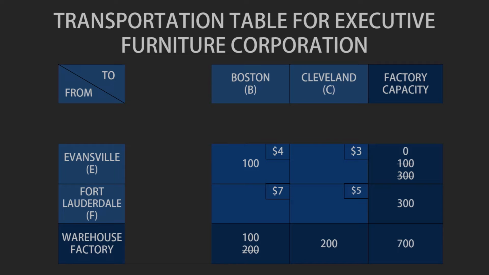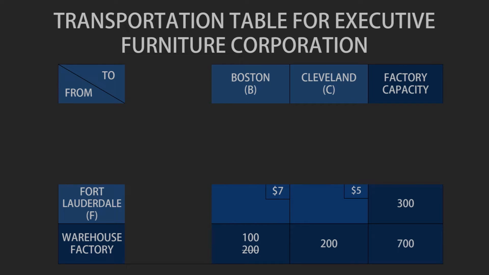At this point, we move down vertically in the Boston column to the next row. Assign 100 units from Fort Lauderdale to Boston. This shipment will fulfill Boston's demand for a total of 200 units. We note, though, that the Fort Lauderdale factory still has 200 units available that have not been shipped.